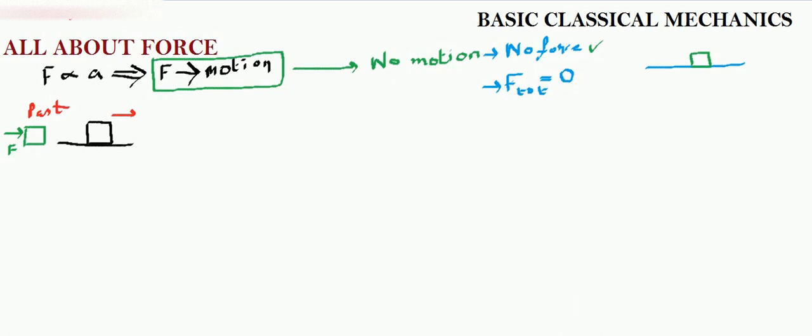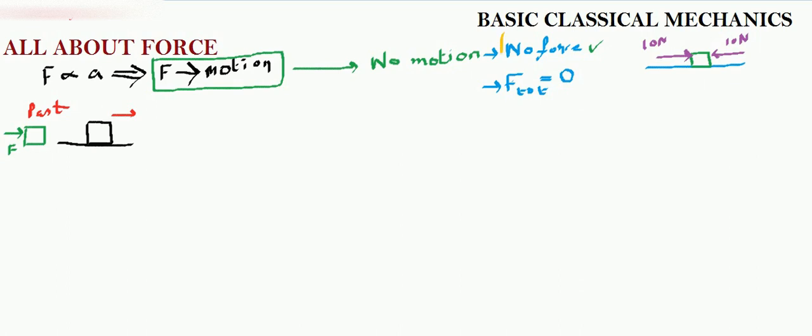So let me explain. If you have a force along this direction on this block, let this force be 10 Newton. And again in this direction you apply the same force, 10 Newton. Will there be any motion recorded in the block? There won't be any motion because the total force is zero. So two things can cause zero motion.